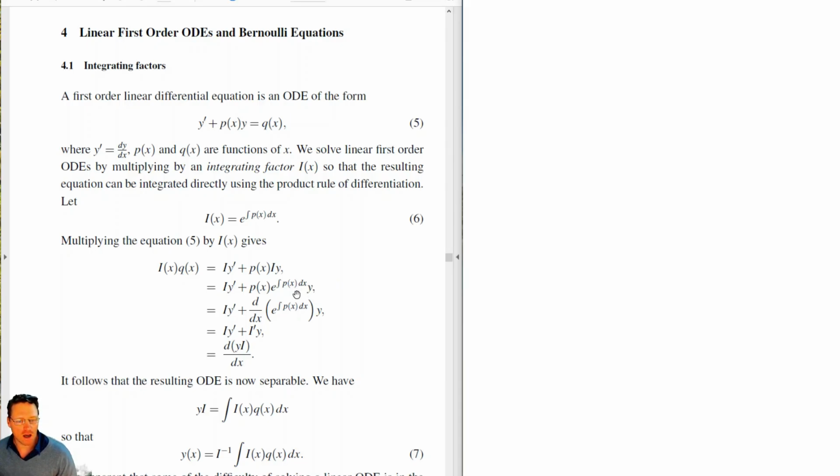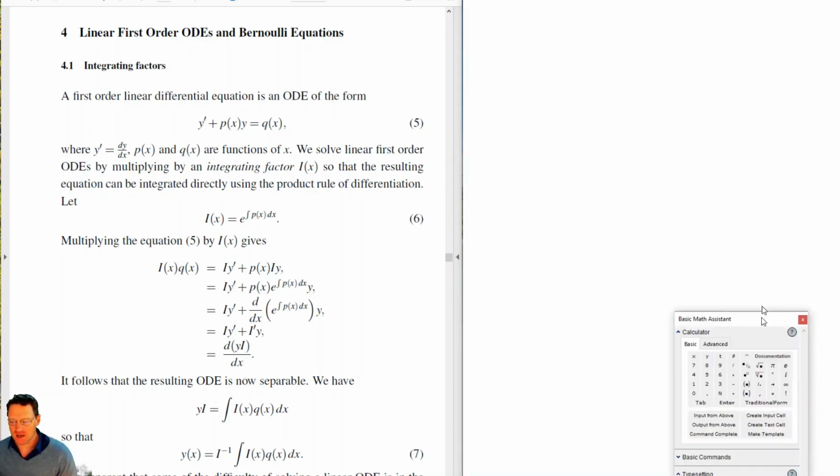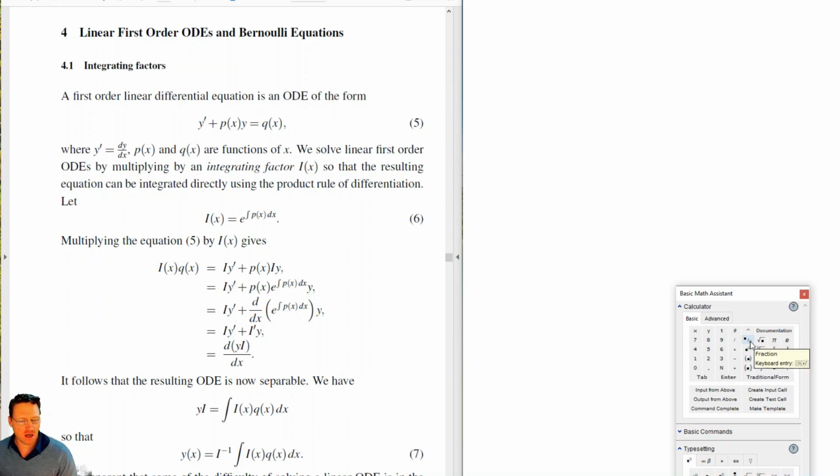Now, notice that the derivative of e to the power of the integral of p of x dx requires the chain rule of integration. So let me just set that out here on the right hand side of my screen.